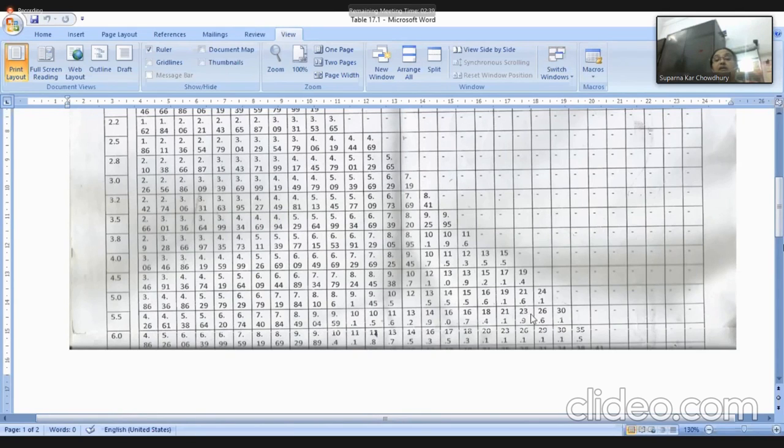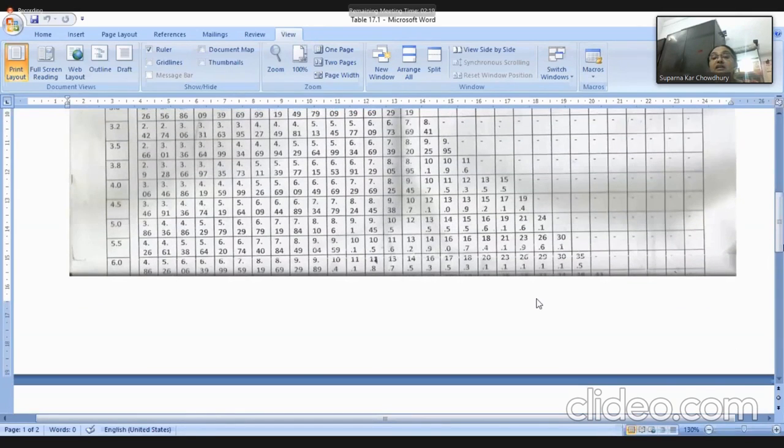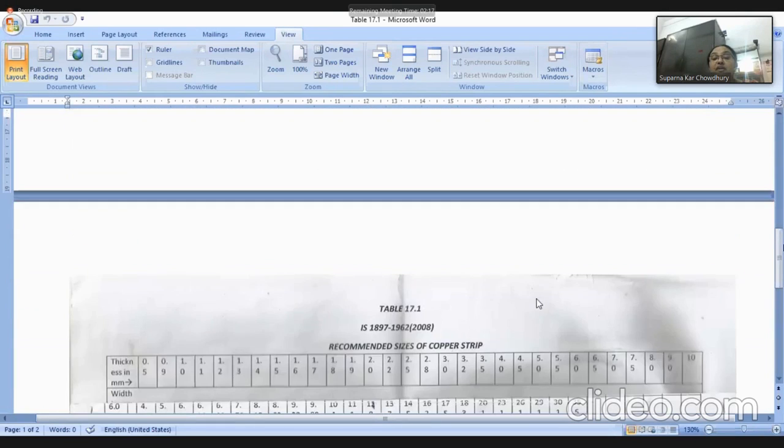This is B, this is W, and correspondingly you will have the area here. So if we want 25, in the table you can see that it is not exactly 25 anywhere, so you have to go for the nearest one.